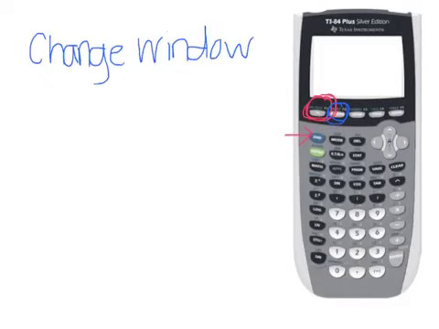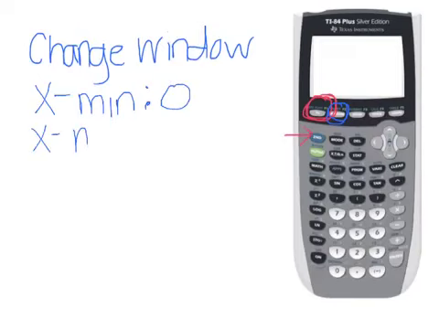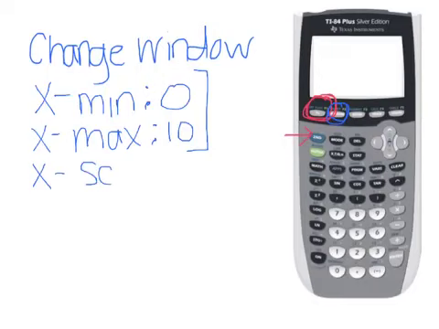So in this example, I'm going to say let X minimum equal 0 and X maximum represent 10. I think the data went from 1 to 7, but this window right here gives us some extra wiggle room to the left and to the right of our data set. Our X scale, if we're going from 0 to 10, 1 is an appropriate number or scale. We can count by ones going from 0 to 10.